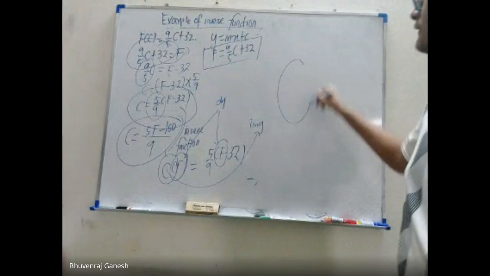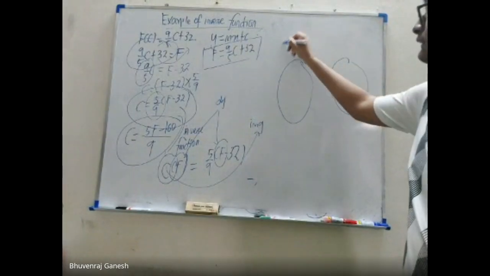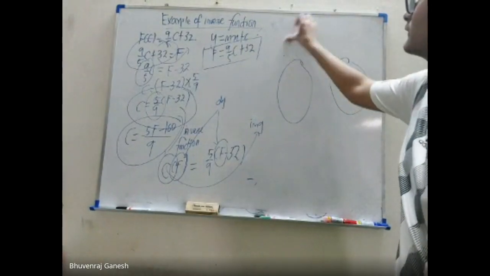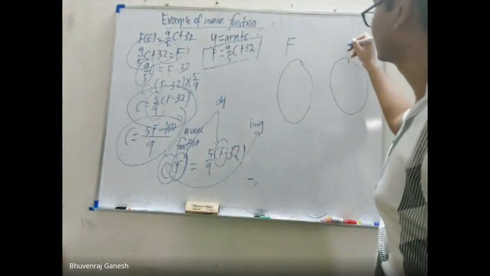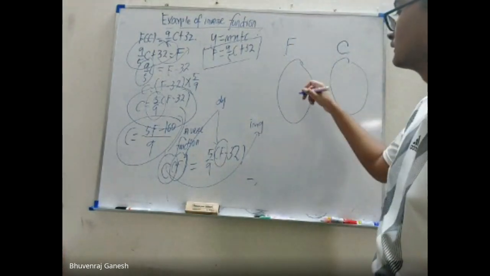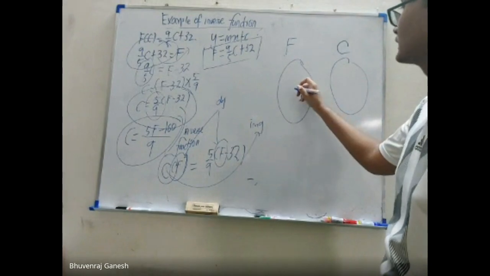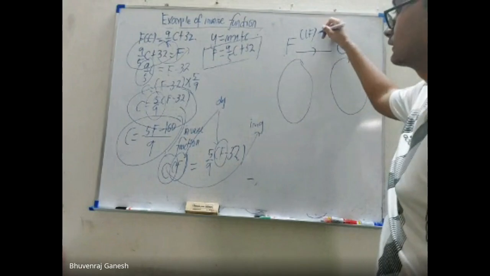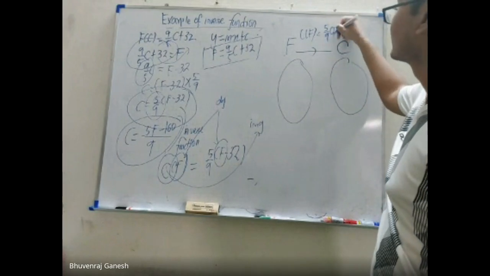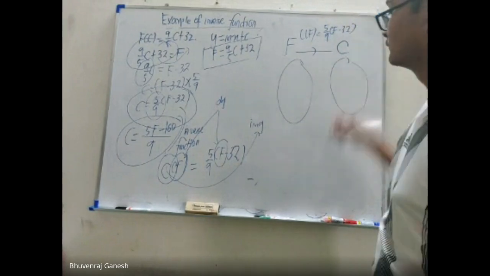So if the arrow diagram comes out again, Fahrenheit will come here on the left-hand side, because the left-hand side is always the object, but Celsius will come here, which is your image. So the function will be C(F) equals 5 over 9 F minus 32.